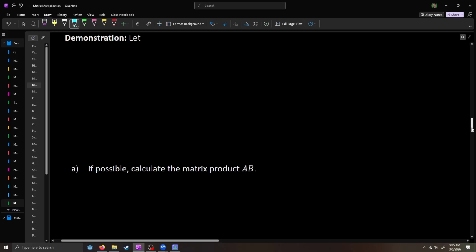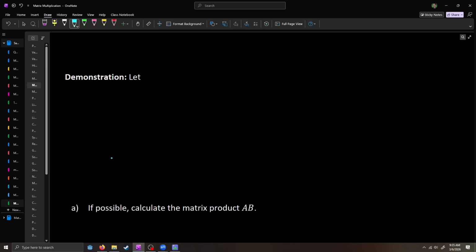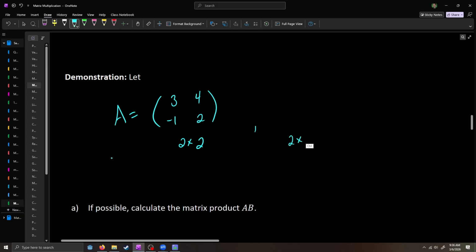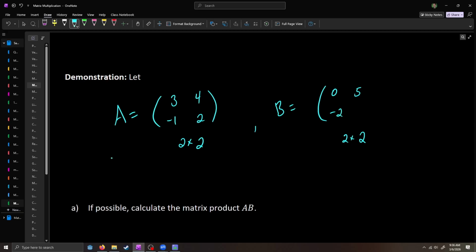Let's go ahead and do another demonstration with some matrices that are a little bit smaller. So for example, let's have a 2 by 2 matrix A, whose entries are 3, 4, -1, and 2. And let's have another 2 by 2 matrix B, whose entries are, let's say 0, 5, -2, and -3.